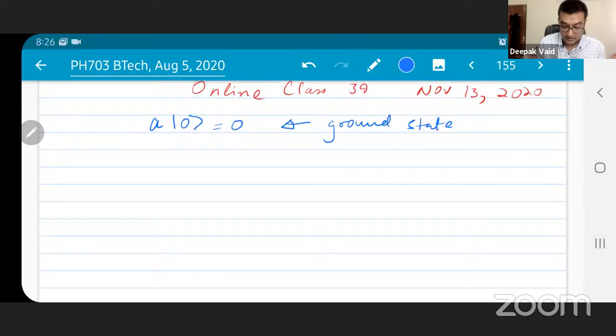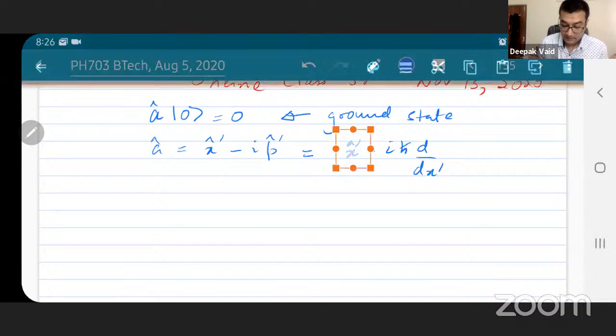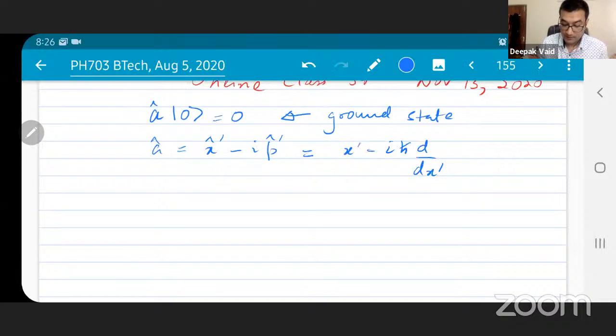And what is this A dagger? X prime minus I P prime, where X prime and P prime are the rescaled momentum and position operators. So you can write this as X prime minus I h bar d by dX prime.